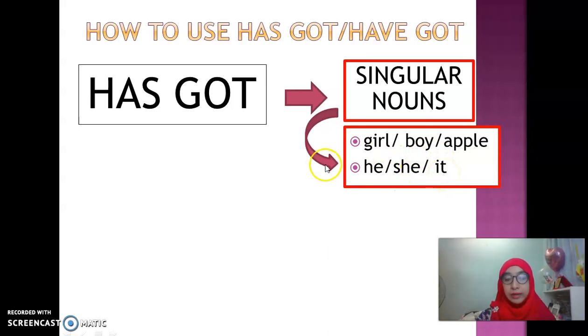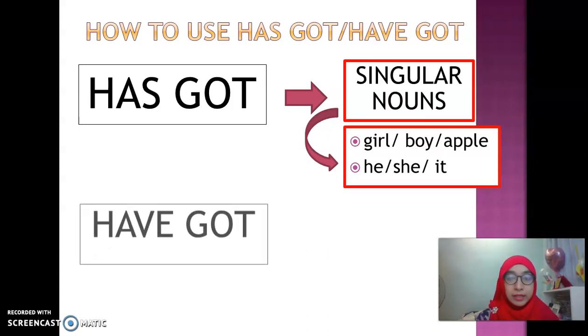Okay, one way to identify if it's singular noun or plural noun is, like I said, does it have an S at the end of the word? So for example, girl, boy, apple. There's no S, so it's singular. Alright, singular. And about he, she, it, like I've shown you before, he is referring to one boy, she is referring to one girl, and it is referring to one object or one animal.